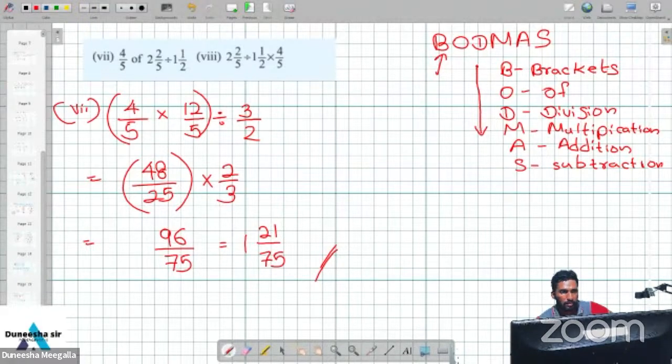Okay. What is the 8th one? Did you do the 8th one? How do we do it? There are two operators here. What are the two operators?